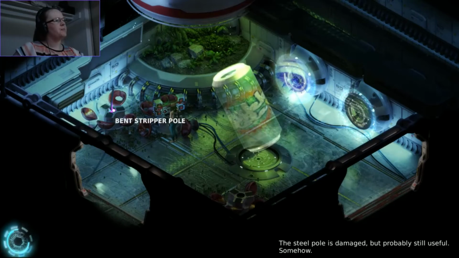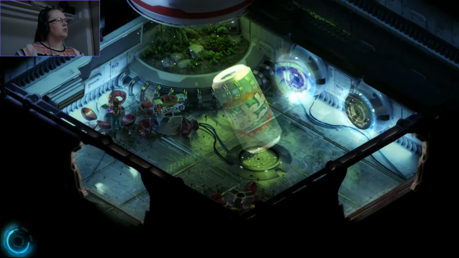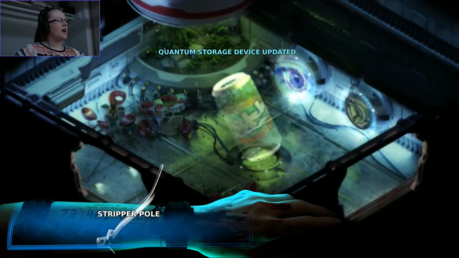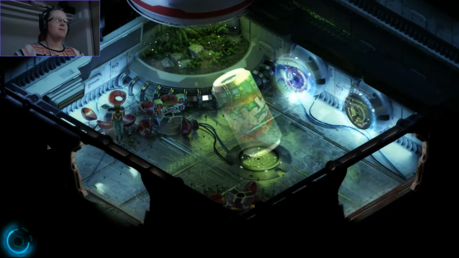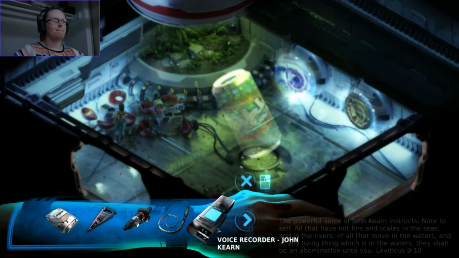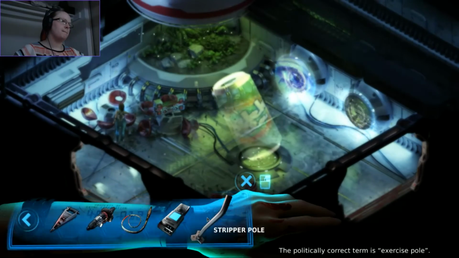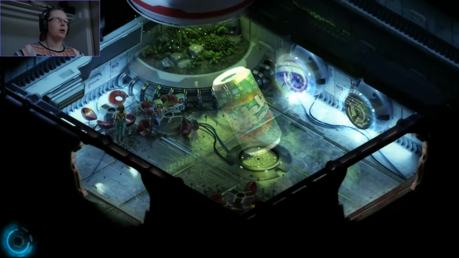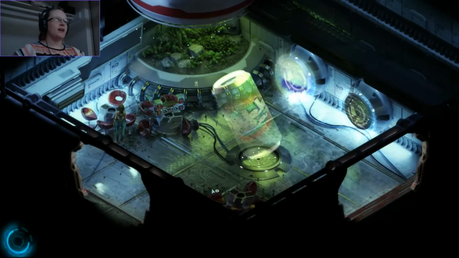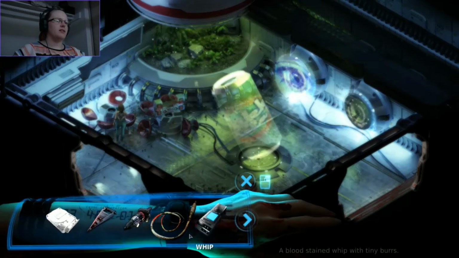Bent stripper pole. The pole is damaged but probably still useful somehow. I picked up a bent stripper pole. The politically correct term is exercise pole. Okay. Do I use that?